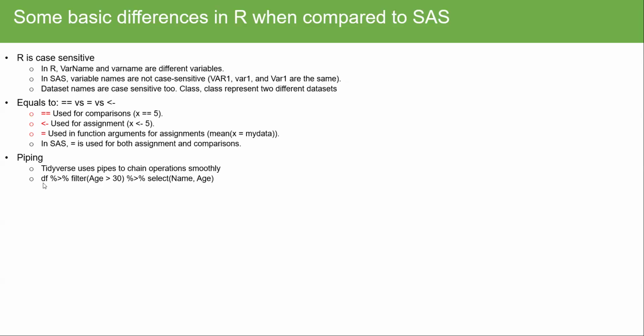For example, here is a basic R code making use of tidyverse. We are starting with a data set named df and passing it into a function called filter to filter the observations where age is greater than 30, and we are passing those resulting filtered rows to a function named select to keep only the name and age variables.